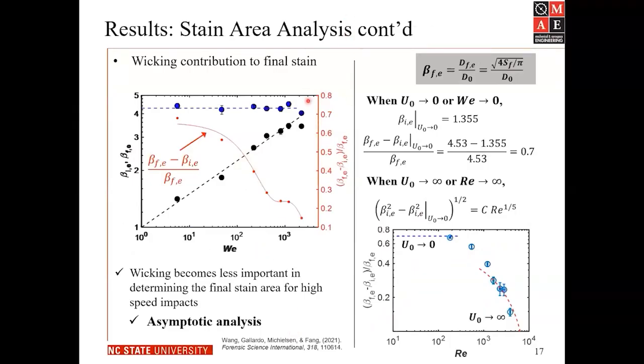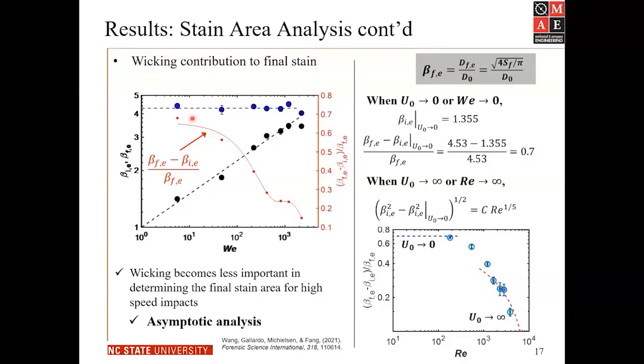The other important analysis we try to do is to really look at the wicking contribution to the final stain, because we already showed you that the final stain has little dependence on the impact velocity, but the stain right after impact has a strong correlation with the velocity. Here we define a ratio: the difference of the spread factors divided by the final stain spread factor.